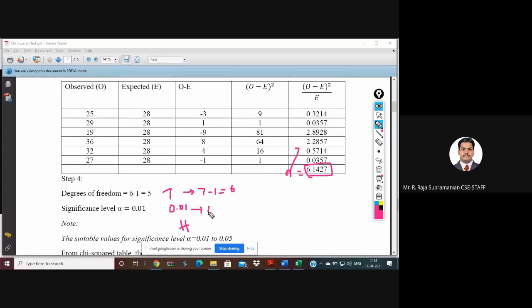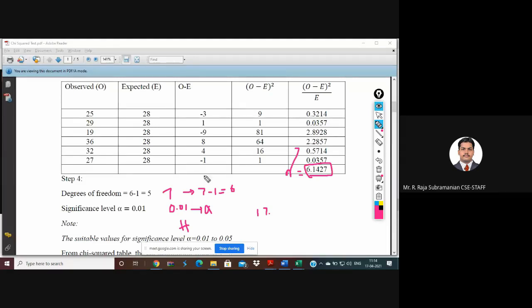So with this significance level, I'll go to the chi-square table. For this alpha and this degrees of freedom, what is the value? I'll get some value like 17 point something. If I find that my chi-square value is less than the value in the chi-square table, then I say it is accepted. Otherwise, I will say it is rejected.